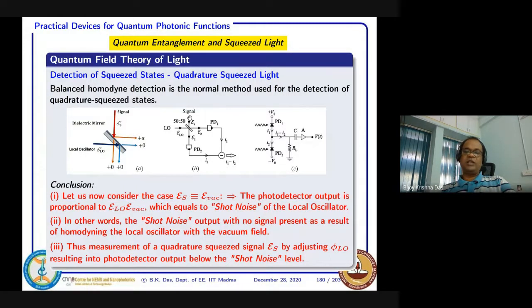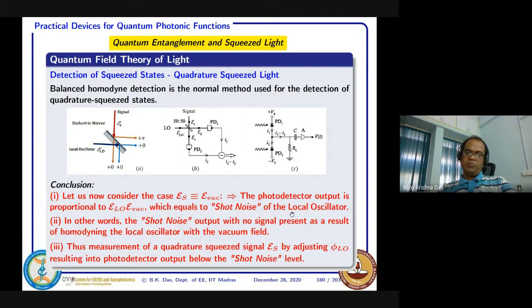That means the signal you withdraw, you switch off the signal. So if there is no signal, that means squeezed light is not there. That means we can assume that it is just a vacuum field. That means all the photons stopped. So in that mode, whatever exists will be your vacuum field. That is a vacuum field we have already derived earlier, right? So a very small vacuum field will be there.